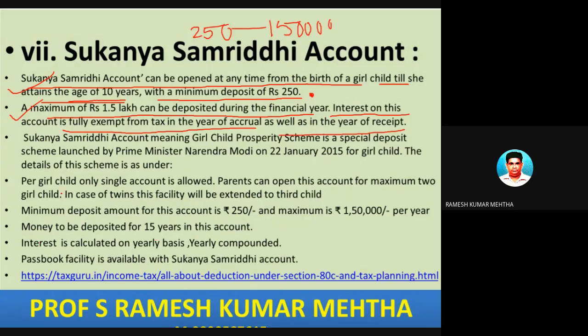Okay, so these are some of the provisions related to Sukanya Samriddhi account. Sukanya Samriddhi account meaning Girl Child Prosperity Scheme. So Girl Child Prosperity Scheme is a special deposit scheme launched by the Prime Minister Sri Narendra Modi ji on 22nd January 2015 for a girl child only.